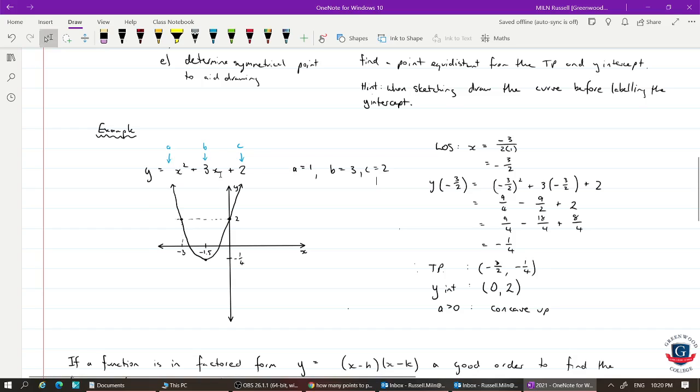The coefficient of x is 3, which is b. And the constant is c, which is 2. I use a and b to find the line of symmetry, which I haven't marked on here, so I'll do that now. It's right here. To find that line, x equals -1.5 or x equals -3/2. It's the same thing.